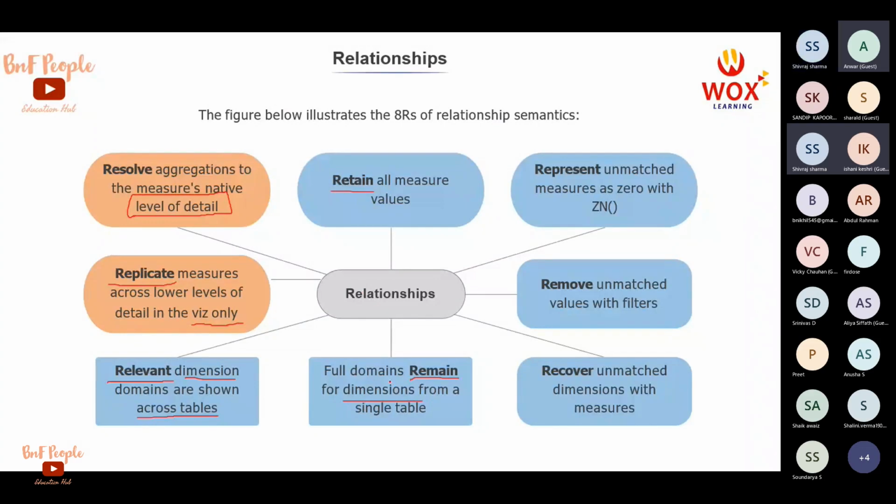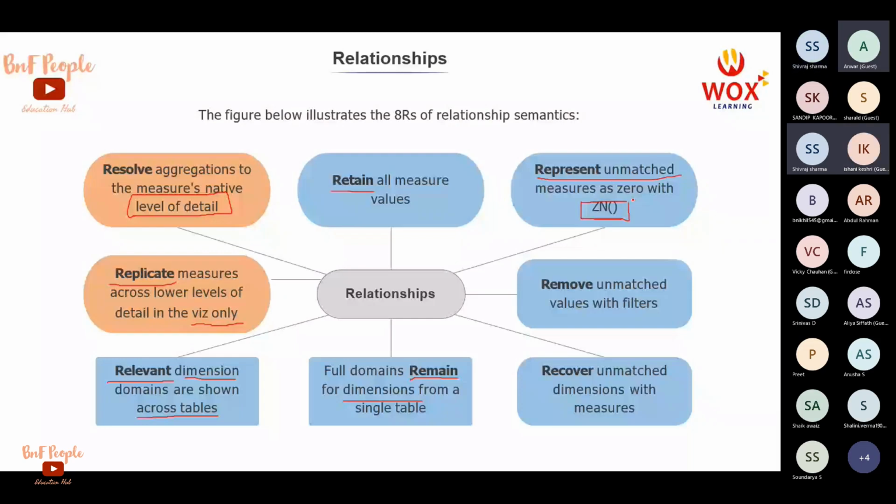Okay. And next, unmatched measures are represented as zero, with Zn. Whenever there is a relationship between the two tables and there is some unmatching in the data set, it just puts Zn, meaning zero, nothing. So it is more profitable to us, as you can analyze this data further easily.